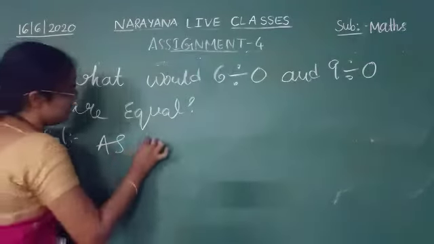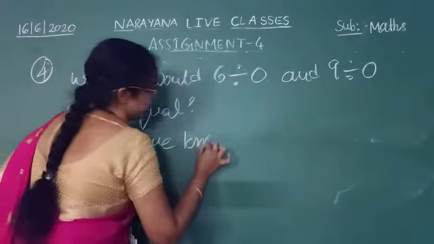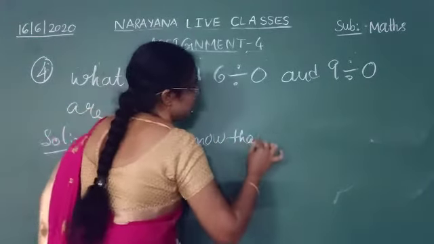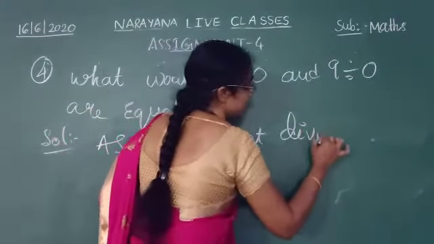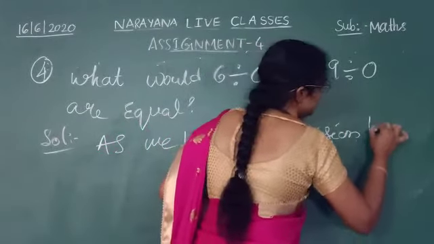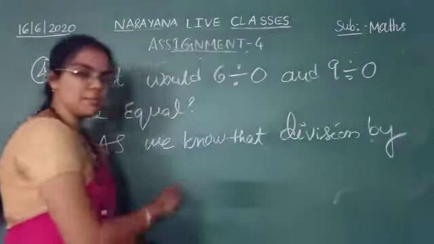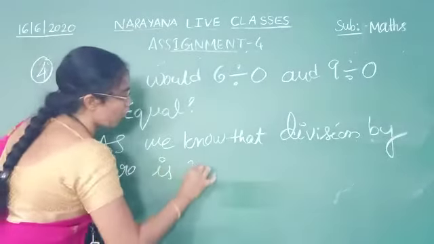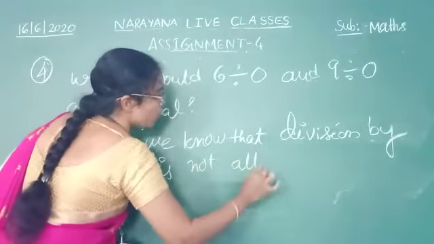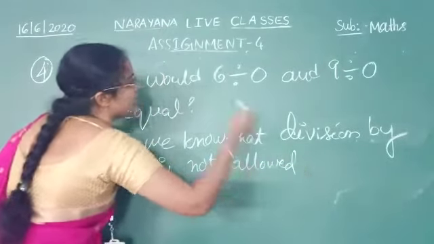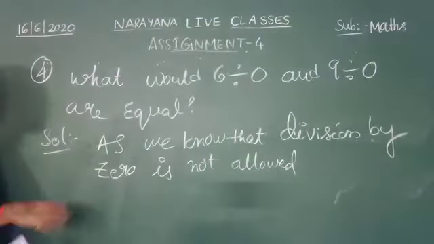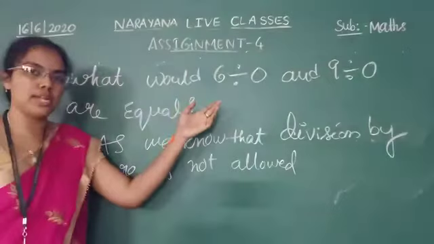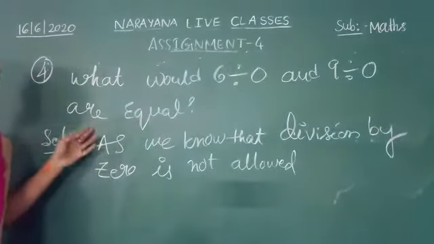As we know that division by 0 is not allowed, whatever number you take, 6 by 0 or 9 by 0 or 100 by 0, that number by 0 is not allowed.